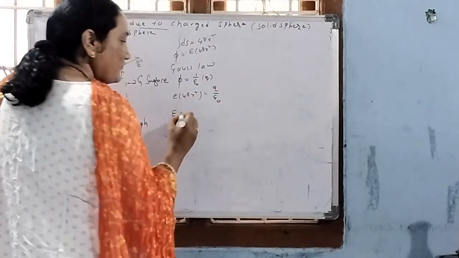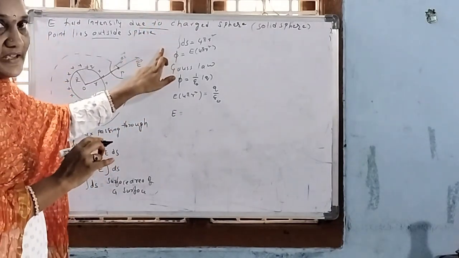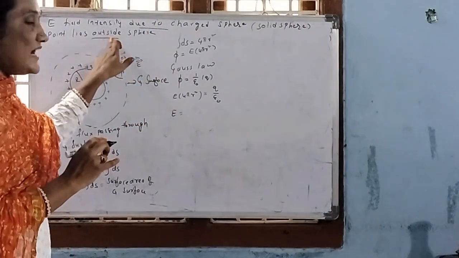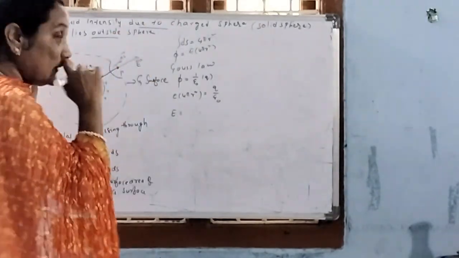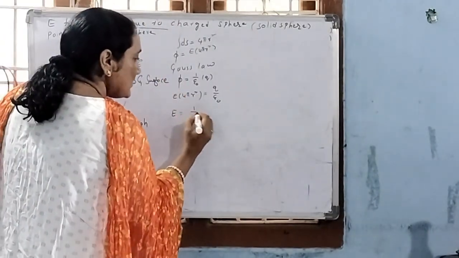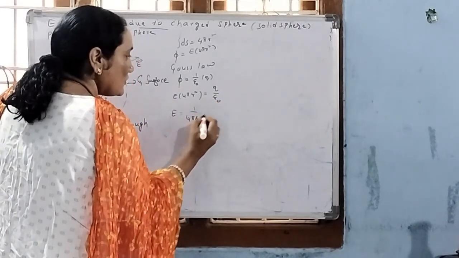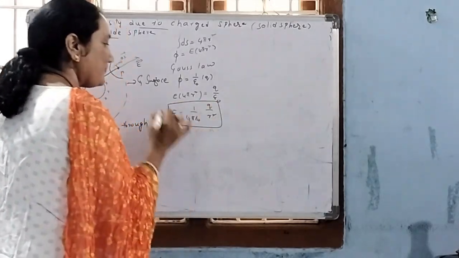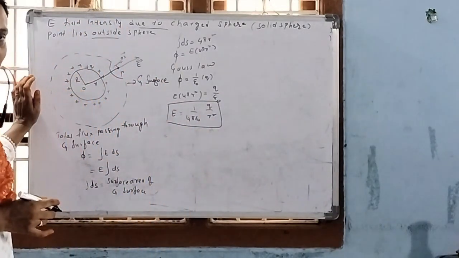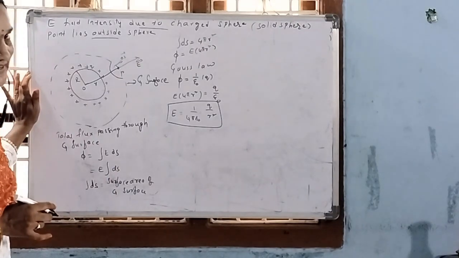So now the electric field intensity at a point P, at the outside point P, due to a uniformly charged sphere is, now we are bringing this to this side, 1 by 4 pi epsilon naught Q by r square. Alright? This is when the point lies outside the sphere.